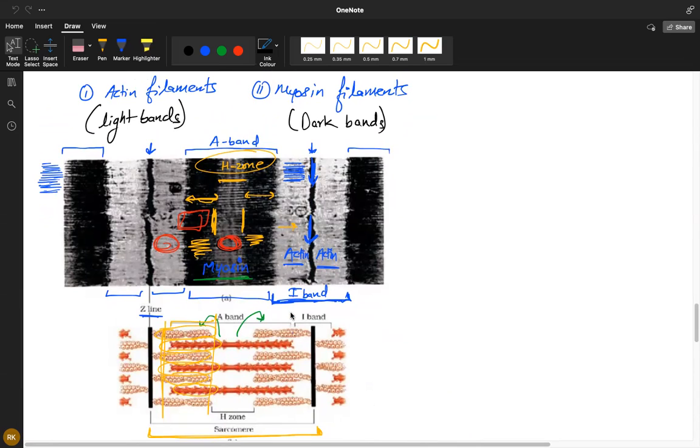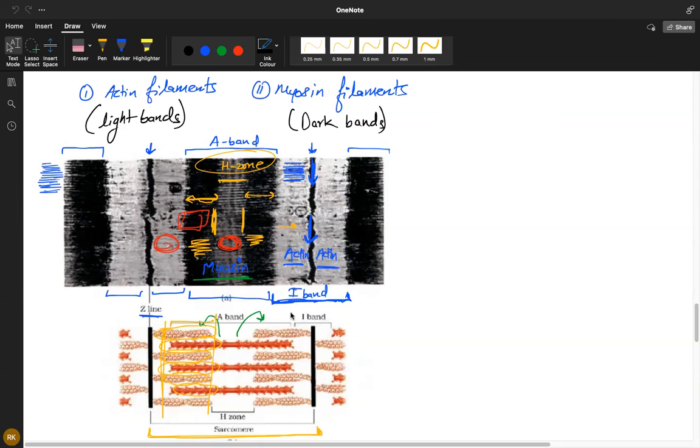Myofibrils are muscle filaments arranged parallelly in the sarcoplasm, and they have dark and light bands on them due to the presence of actin filaments and myosin filaments. Actin and myosin are proteins. Actin filaments are called the light band, and myosin filaments are the dark band.